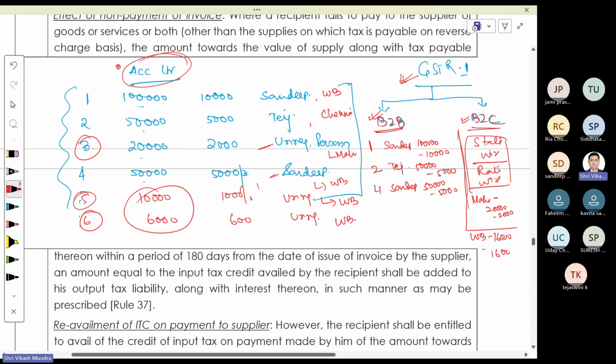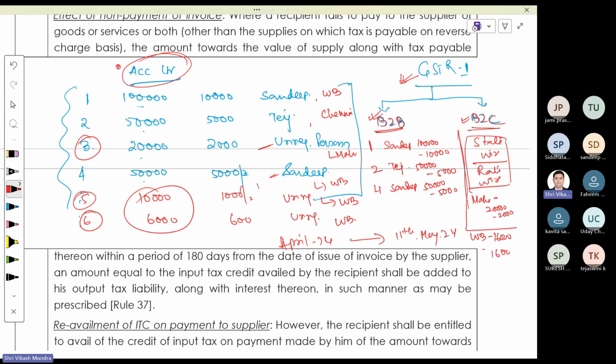That means for the month of April 2024, this information is required to be submitted on the GST portal by the 11th of the next month. For April, it should be reported by 11th May 24. For the month of May, ACC Limited would report this information on the GST portal by 11th June.